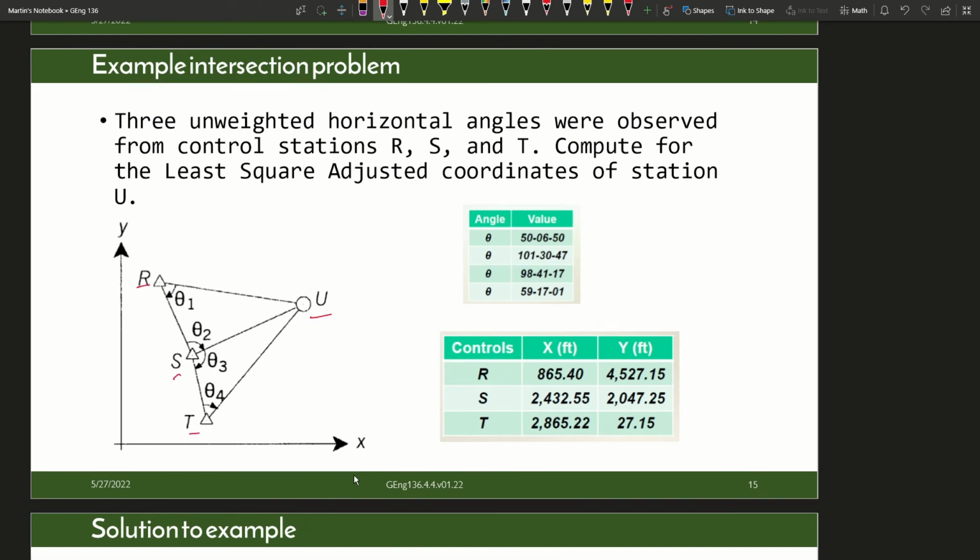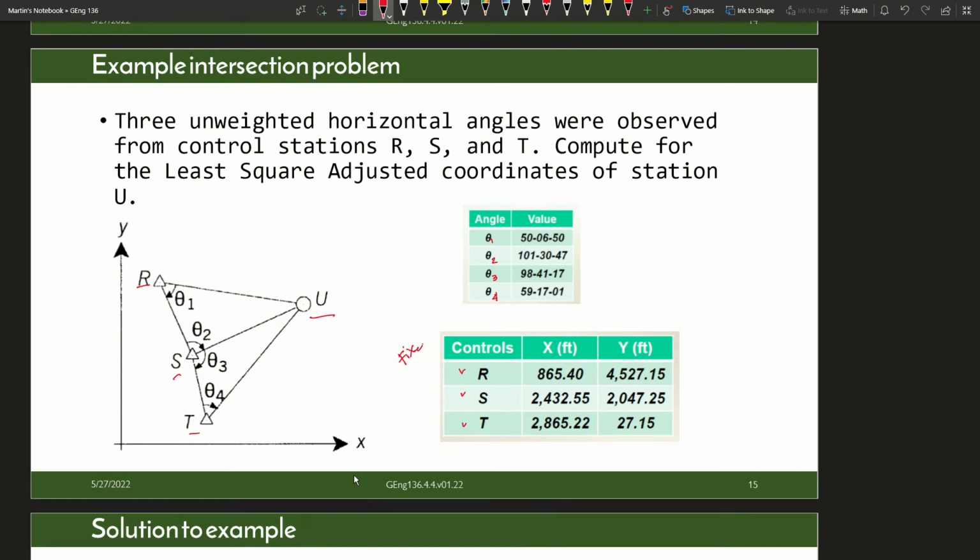Okay, so we have angle 1, angle 2, angle 3, and angle 4. Then the control stations, we have R, S, and T. So when we say control, they are already fixed in nature.